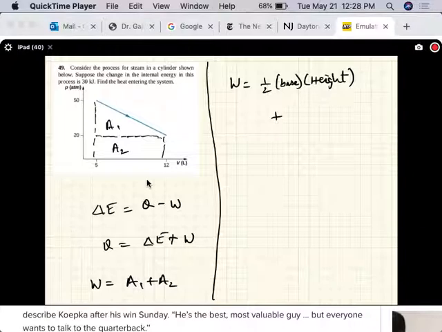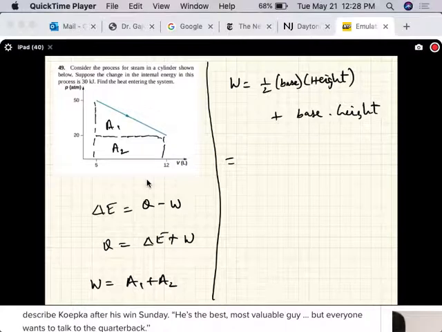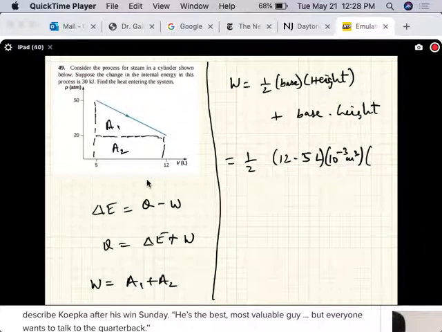All right. 1/2 base is 12 minus 5 liters, and each liter is 10 to the minus 3 meter cubed. Height is 20. The height of the triangle is 30 atmospheres, and each atmosphere is 10 to the power 5 Newton per meter square.